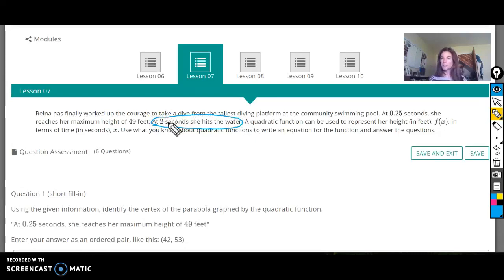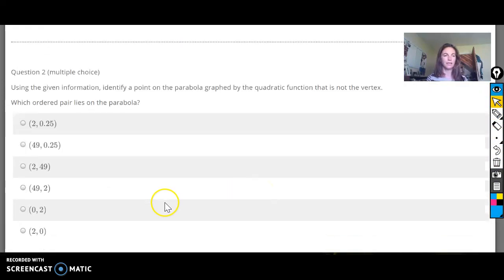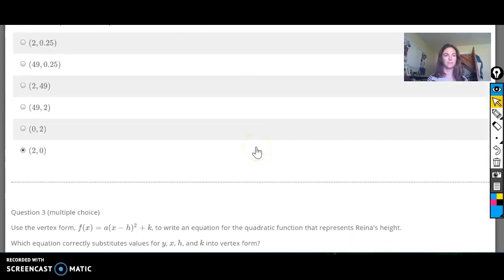Water is our zero here. Water is our ground zero. So that means that at time 2, she's at a height of 0. So we can go down here and say that at a time of 2, she's at a height of 0.